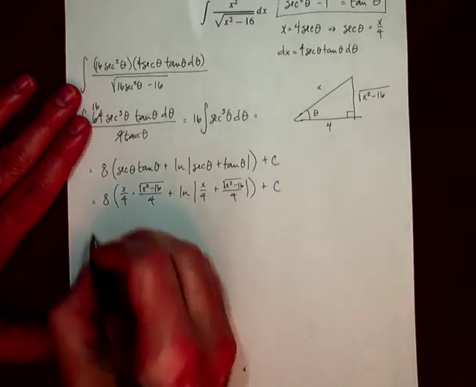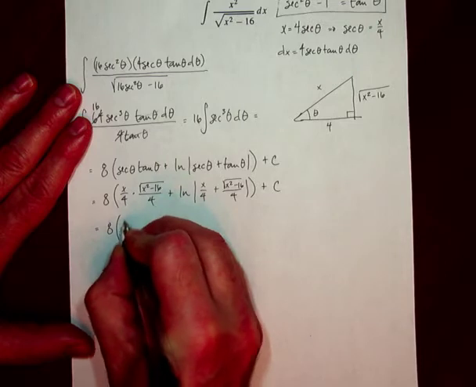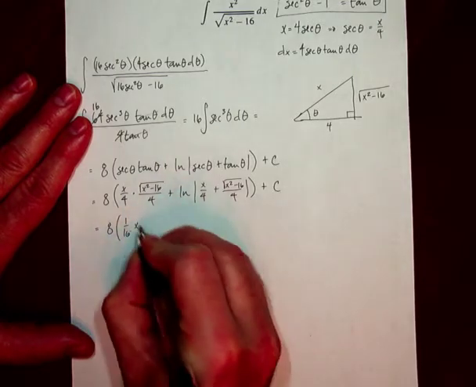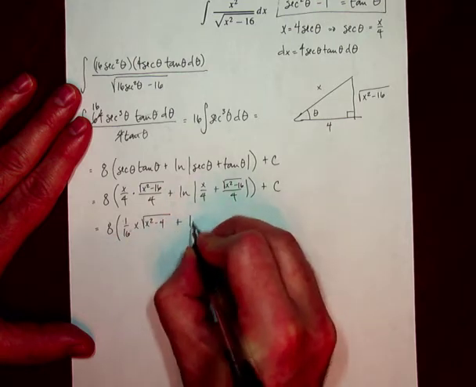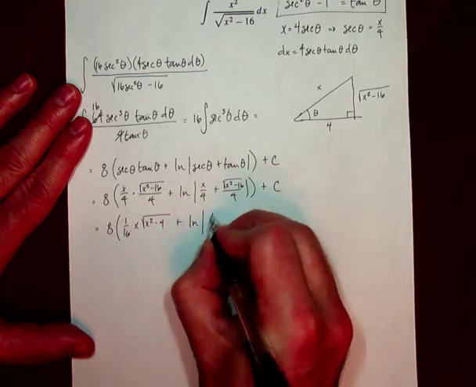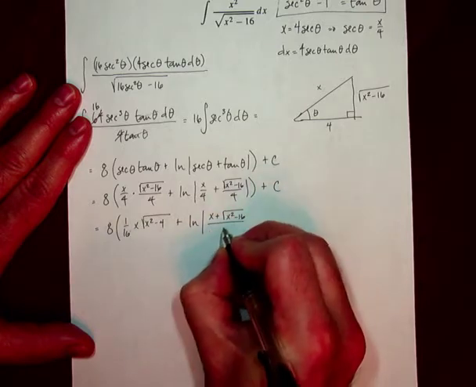Now, this up here becomes 1/16 times x times the square root of x squared minus 16, and this becomes natural log of x plus the square root of x squared minus 16 over 4.